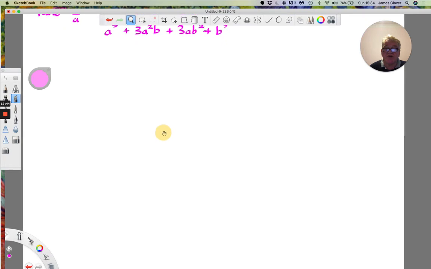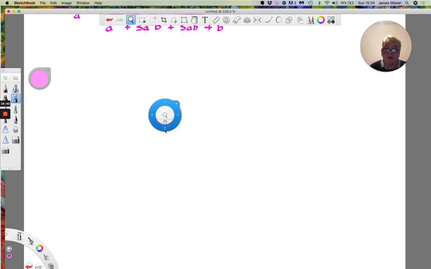Well, now I'm going to look at binomial expansions using calculus. And this is a rather interesting relationship between differential and integral calculus and binomial expansions.